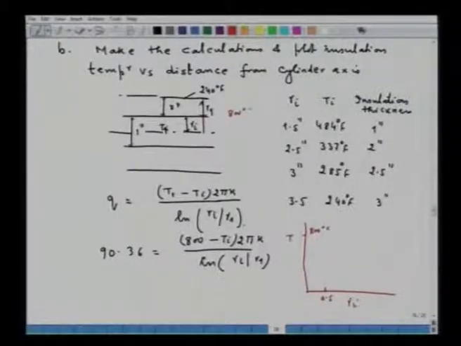Somewhere here is 3.5, where I have a value of 240. Then I can plot, and it appears to me that a slightly non-linear nature is supposed to be there. So, that is what you can plot and see how the values are varying.